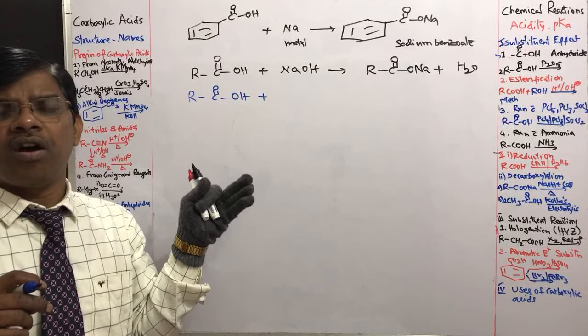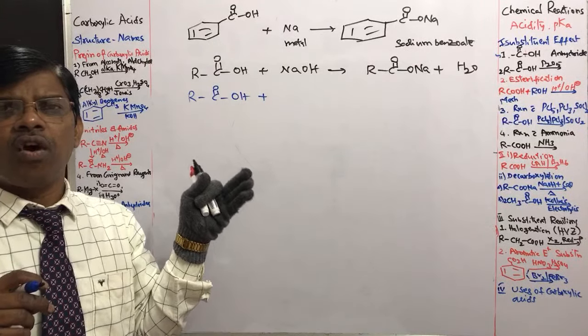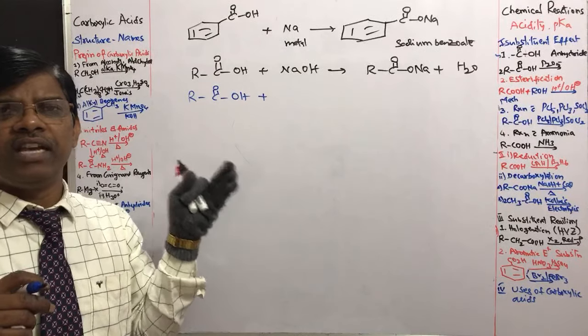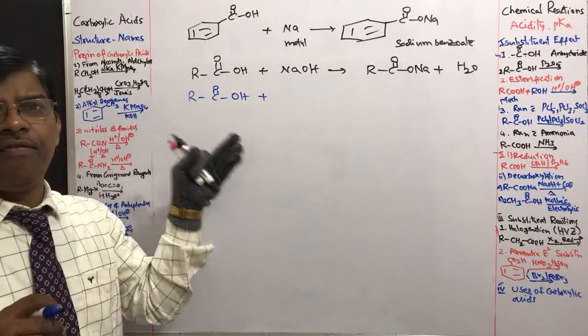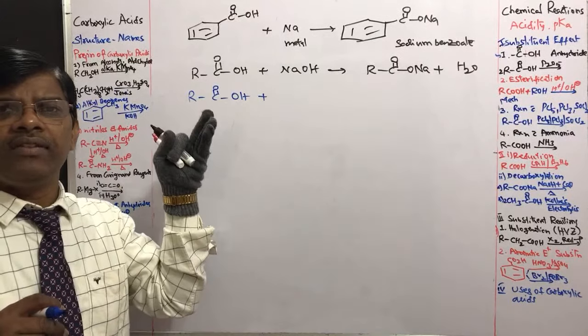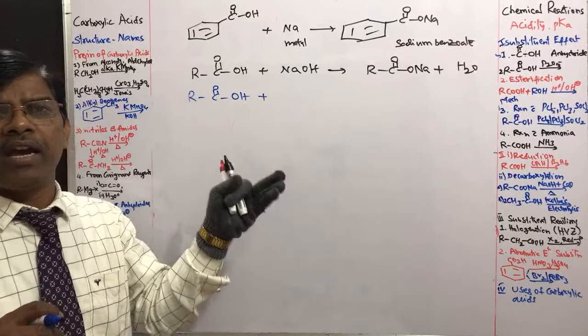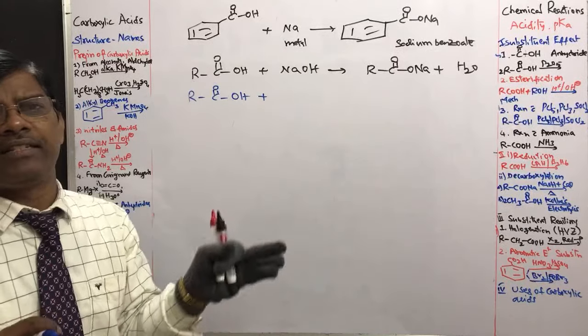Phenols form salt with only strong bases like NaOH and KOH, whereas carboxylic acids form salts even with weak bases, that is sodium bicarbonate, sodium carbonate, and strong bases also.